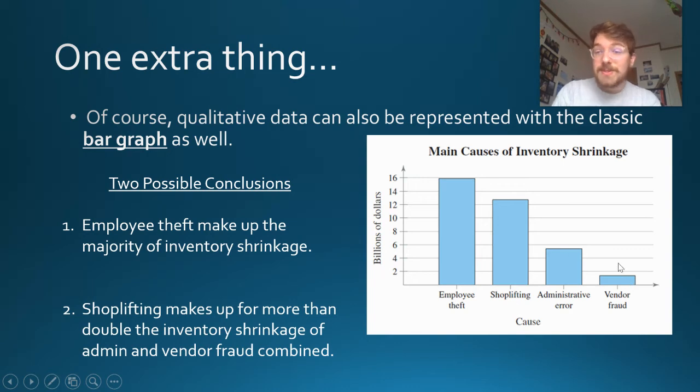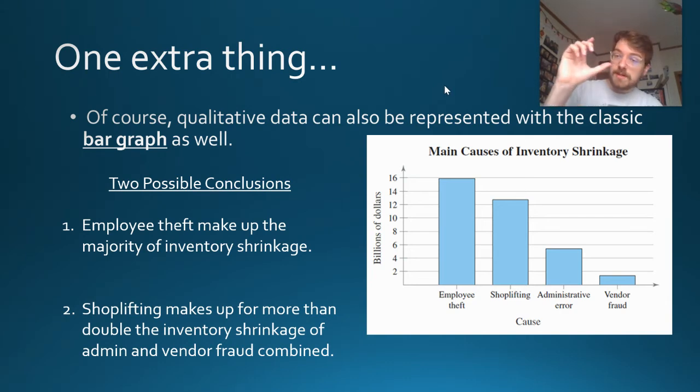So even if you added those two up, they still wouldn't even make double of what shoplifting is in this case. That's another conclusion you could make. There's tons of others you could say as well. You could say vendor fraud is the smallest, it's the least likely to happen. Tons of things you could say. But usually focus on the biggest chunk and the smallest chunk if you're trying to make some type of conclusion.